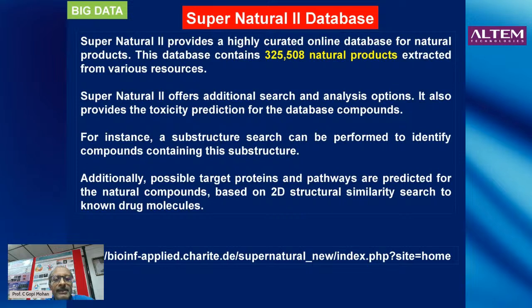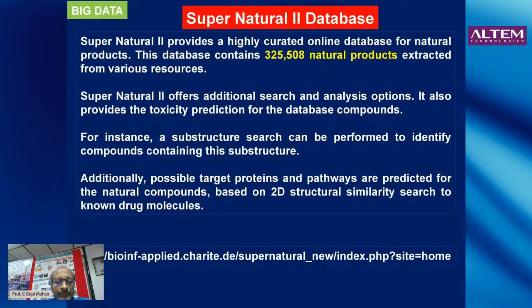So, for instance, a substructure search can be performed to identify compounds containing this substructure from the SuperNatural database, and additionally possible target proteins can also be found out. Mechanistic signaling pathways can also be predicted for these particular natural compounds based on 2D structural similarity search to known drug molecules.